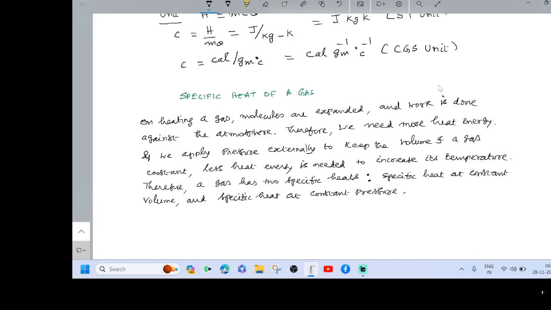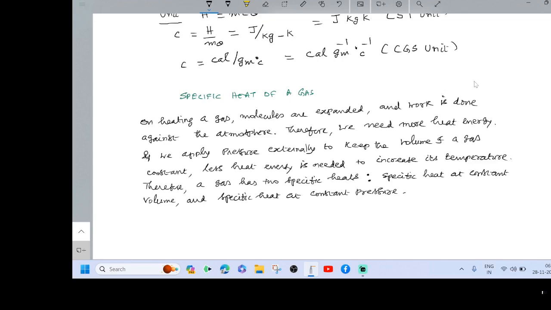Therefore, we need more heat energy. If you apply pressure externally to keep the volume of a gas constant, less heat is needed to increase its temperature. Therefore, a gas has two specific heats.